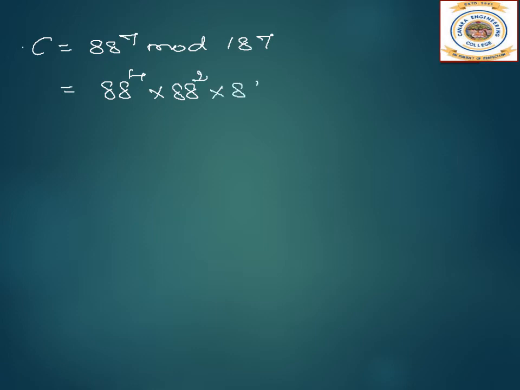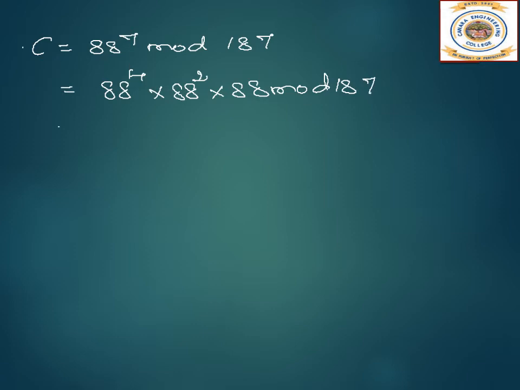So now C is equal to 88 to the power 7 mod 187. Let me write 88 to the power 7 as 88 to the power 4 into 88 to the power 2 into 88 mod 187.